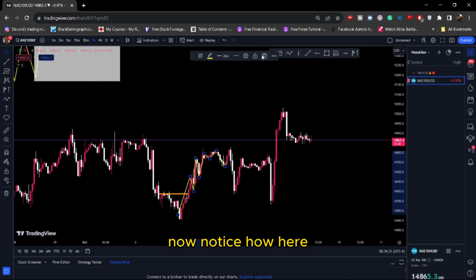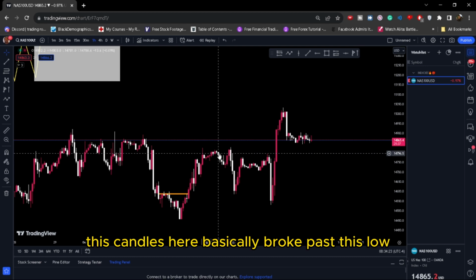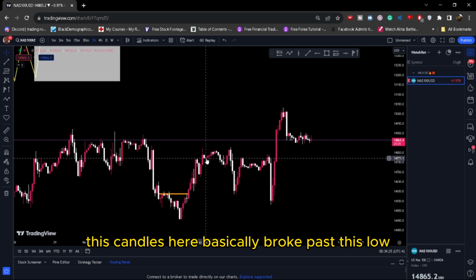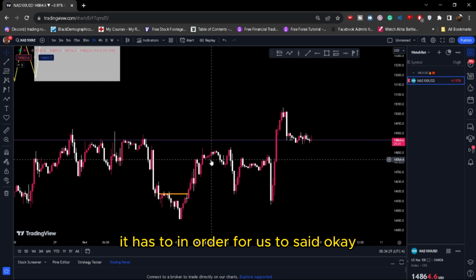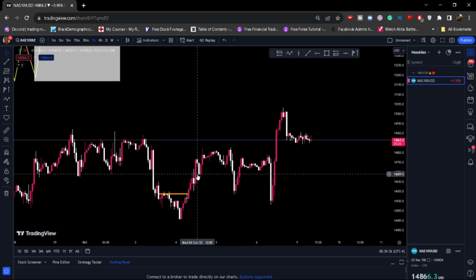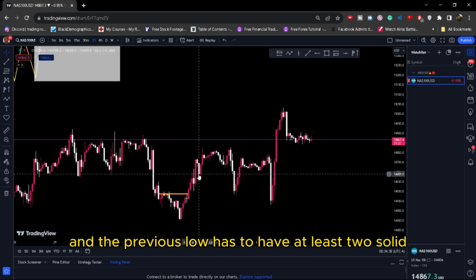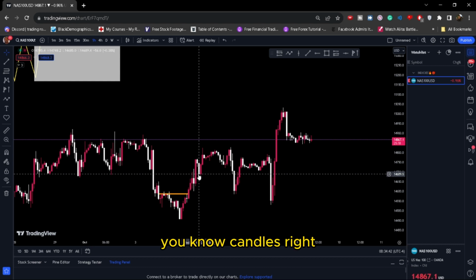Now notice how here, this candle basically broke past this low. But like I told you guys, in order for us to say that the change of trend has happened, it has to break past the previous low that created the high. And the previous low has to have at least two solid candles, right?